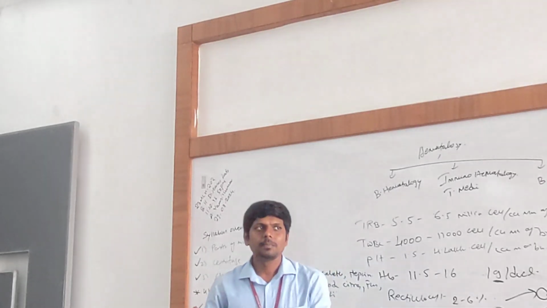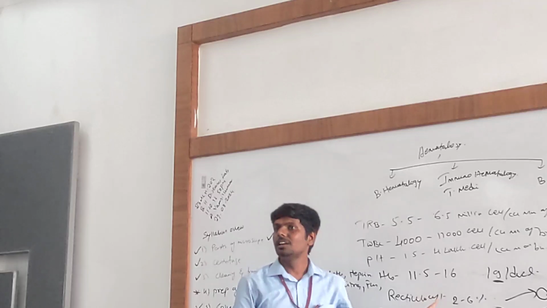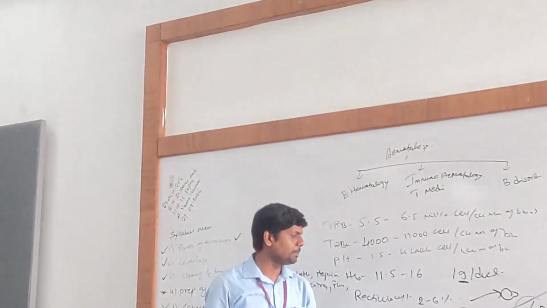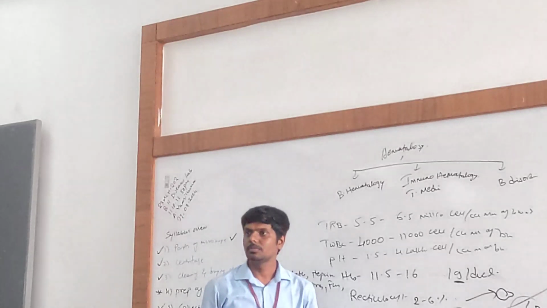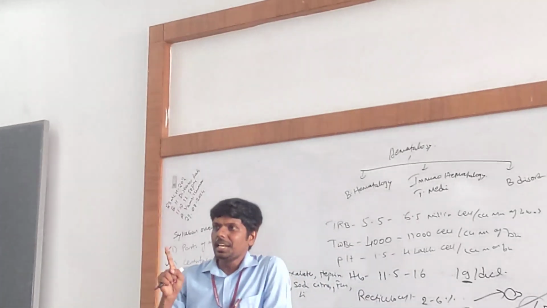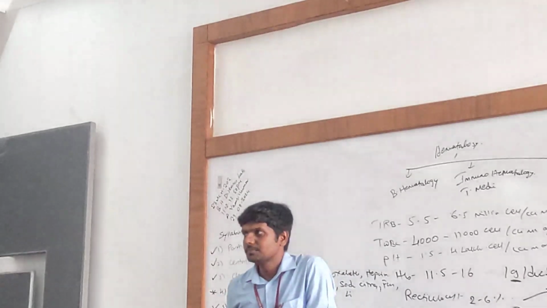Or simply, if there is a parasitic infection, when you count DLC, eosinophil count will be increased, greater than 4%. If eosinophil count is more than 4%, that is an indication of possible parasitic infection in the body.